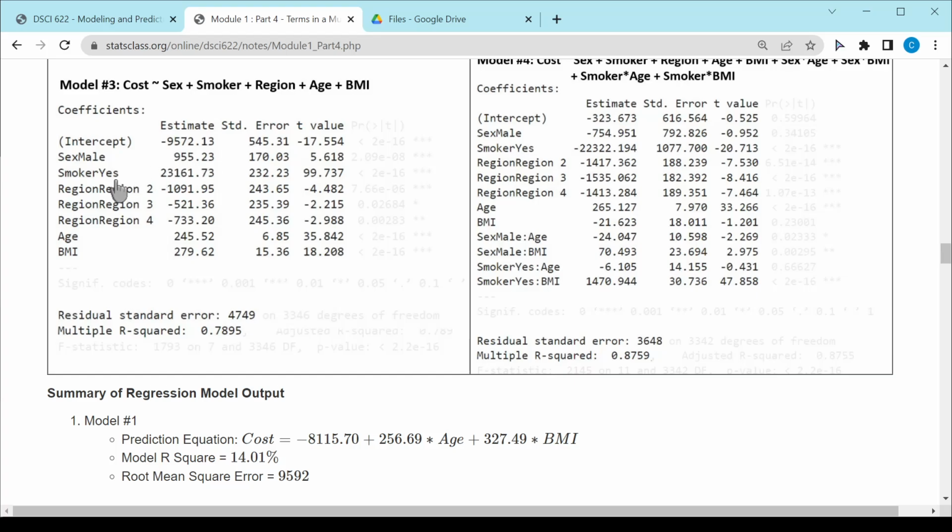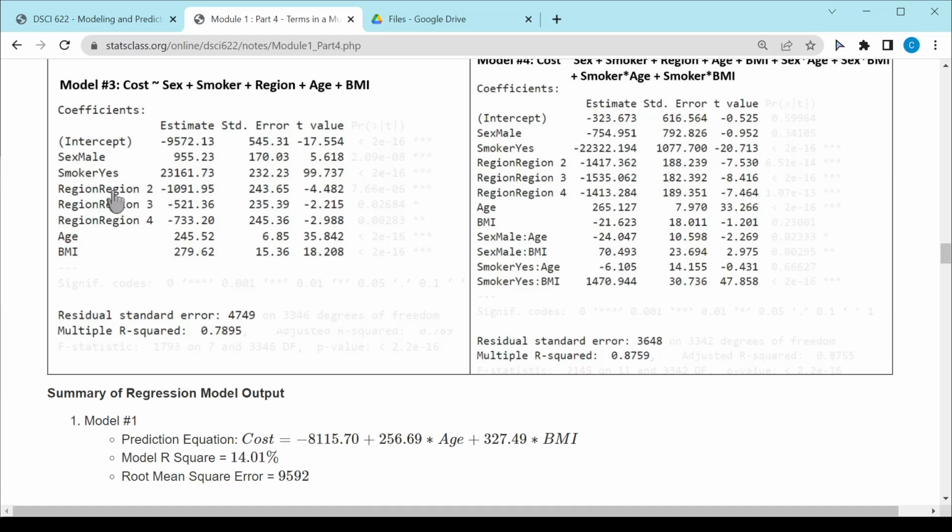How about the dummy variable for smoking? Notice that smoking no is not present anywhere in this list of estimates. What that means is smoking no was set at the 0 setting. Smoking yes was set at the 1 setting. So if I want to make a prediction for a smoker, I need to include this value here, 23,161, into my prediction equation.